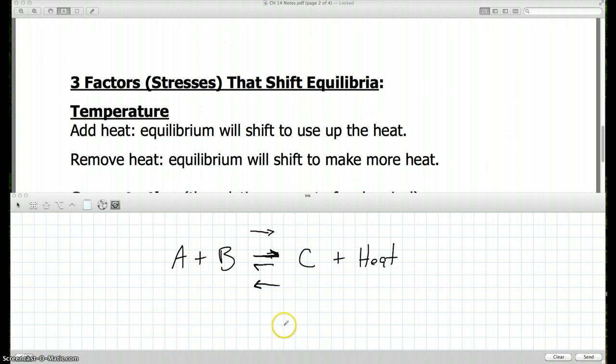So the equilibrium shifts to the left, or towards the reactants. Or we could say it'll want to use up more of the products to make more of the reactants, because the reverse reaction, C and heat coming together to make A and B, uses up the heat.